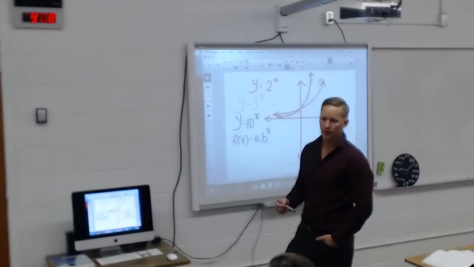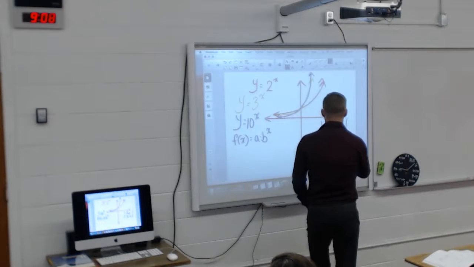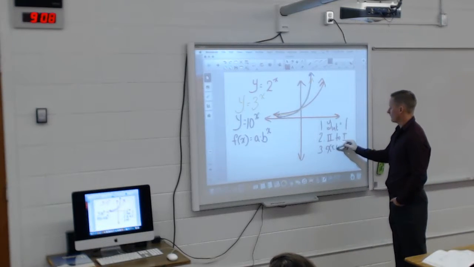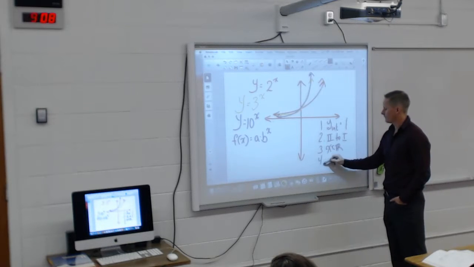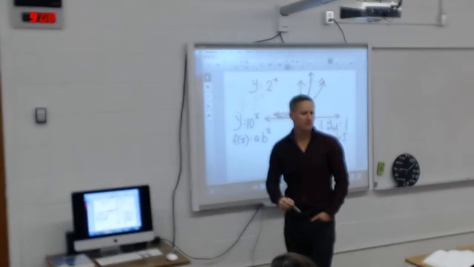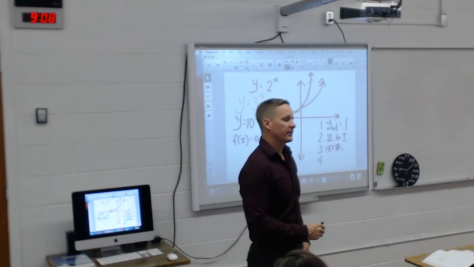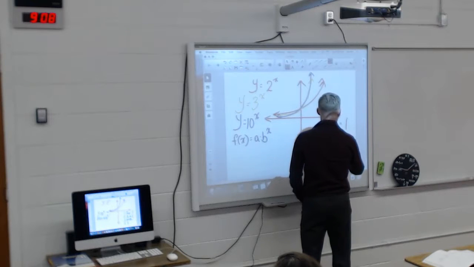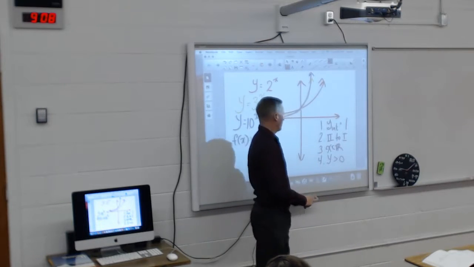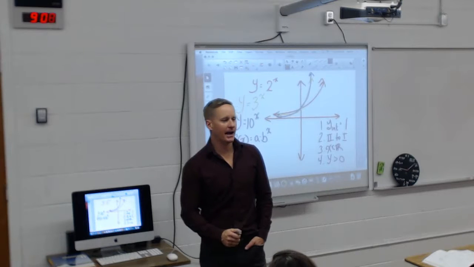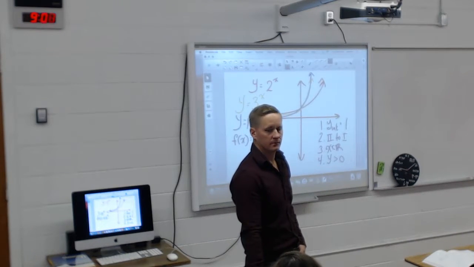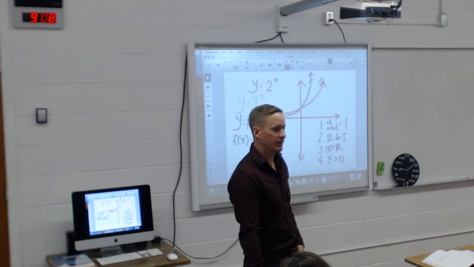What's the domain for this graph? X is an element of all reals. What is the range for this graph? Y is greater than 0. What is the equation of the asymptote for this graph? Don't remember what an asymptote is?